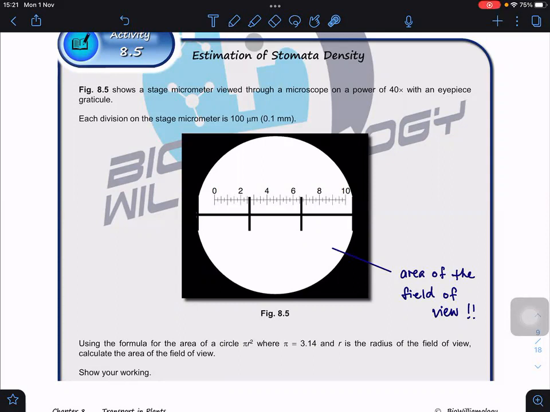Because even though you use the entire thing from 0 to 10 here, you do not know the whole diameter. So only the stage micrometer we align can tell us the diameter. Because each division is 0.1 mm, 0.1 and 0.1, I know what the radius is.